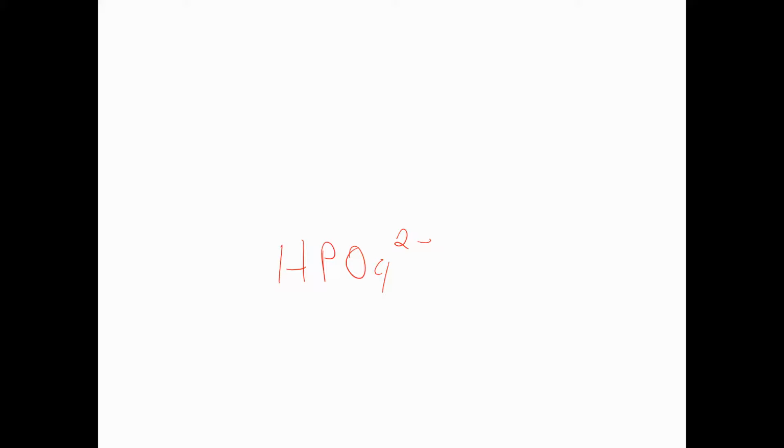H2PO4 minus. Because if I ask for the conjugate acid, that means this is acting as a base. You can react an acid with an acid, and you'll see this in organic chemistry a lot. One of them will act as a base because one of them is going to be stronger than the other.